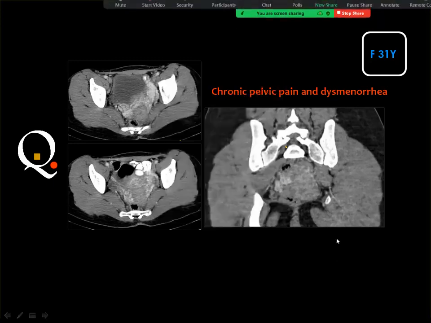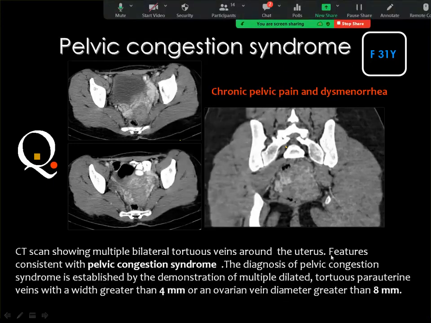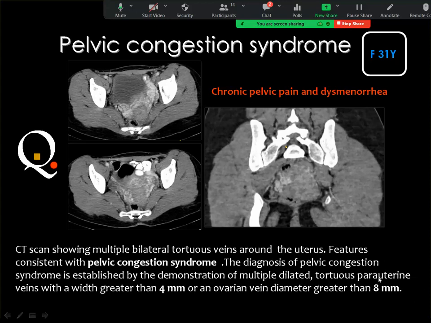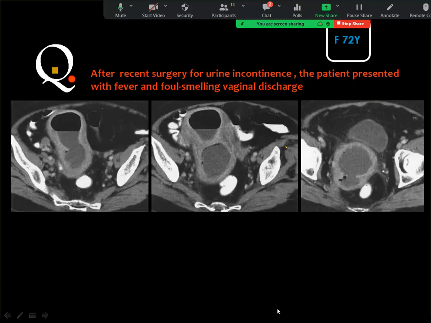Yes, and this is the right answer, pelvic congestion syndrome, where you got multiple dilated venous channels in the pelvis surrounding the uterus. And also, if you have sections high up, you can see that the ovarian vein is also dilated. And this is a diagnostic feature of pelvic congestion syndrome.